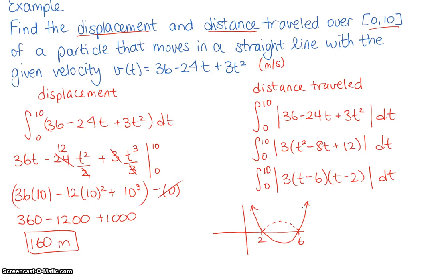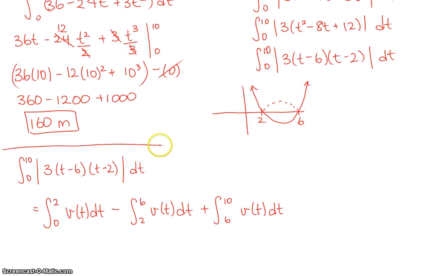So we need to split our integral up to showcase this a little bit better. So what I've written here, just as a little side note, for the integral from 0 to 10 of this whole function, which is our velocity function with respect to time, we can split it up from 0 to 2, which is this integral here, which is positive. And if we subtract off the negative component, it actually makes it add. And then we add from 6 to 10.